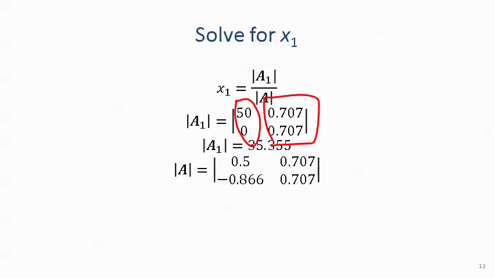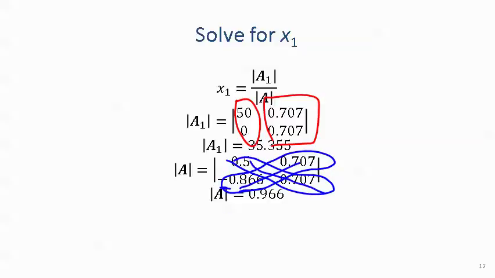The determinant for matrix A comes out to 0.966. Again, 0.5 times 0.707 minus 0.866 times 0.707, but the 0.866 is already negative, so that becomes a positive, so this becomes this plus this and gives us our 0.966. So 35.355 divided by 0.966 is going to give us 36.60.